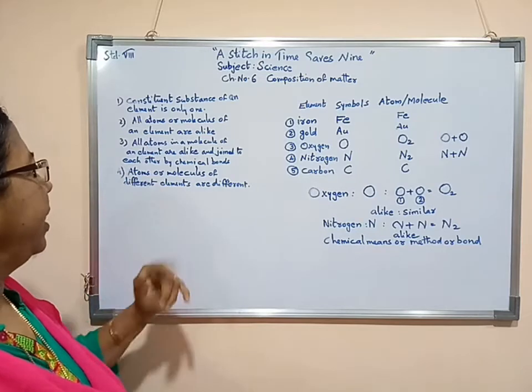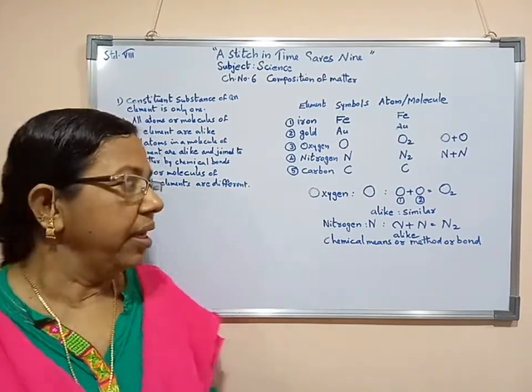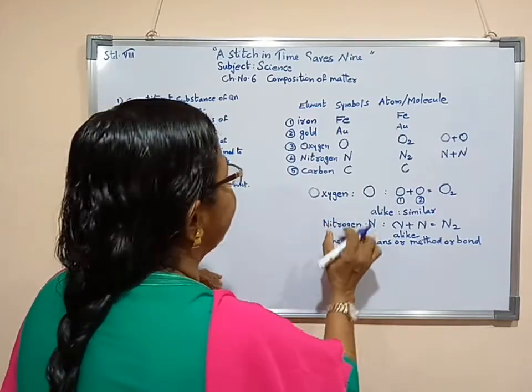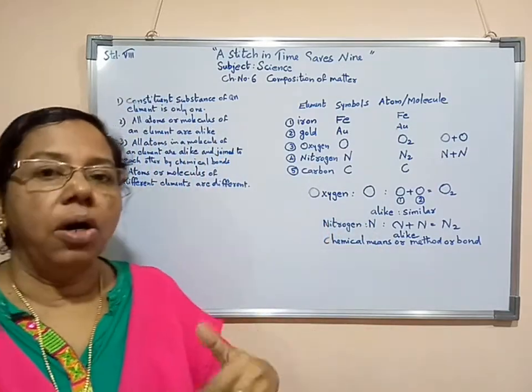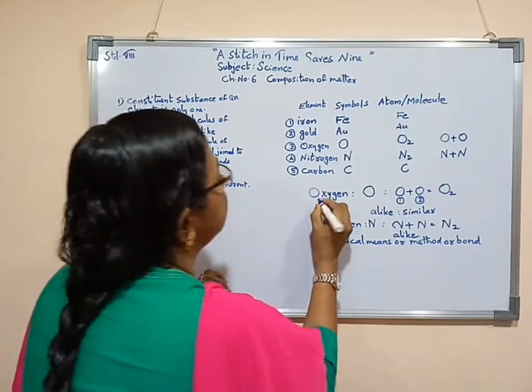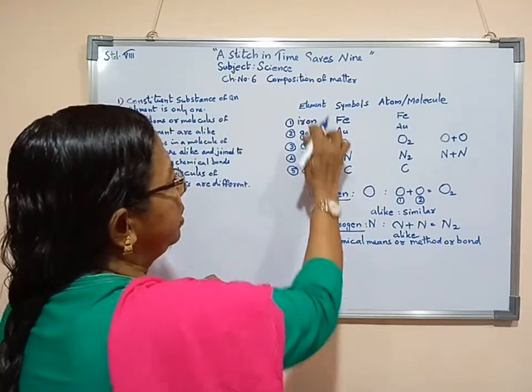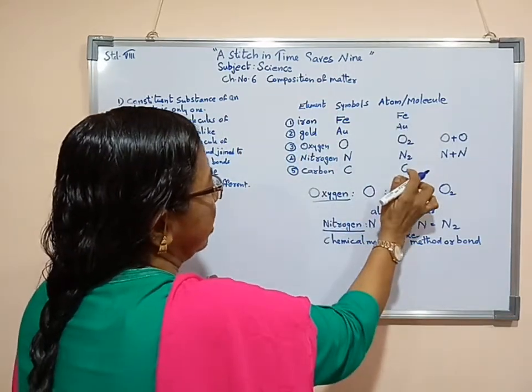Now the next point: atoms or molecules of different elements are different. Now we can compare. Here this is oxygen, this is nitrogen. Different elements are there, and their atoms are written.